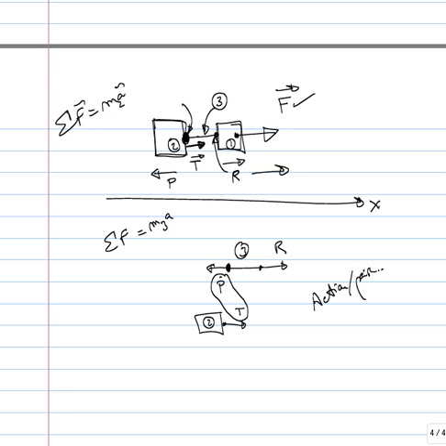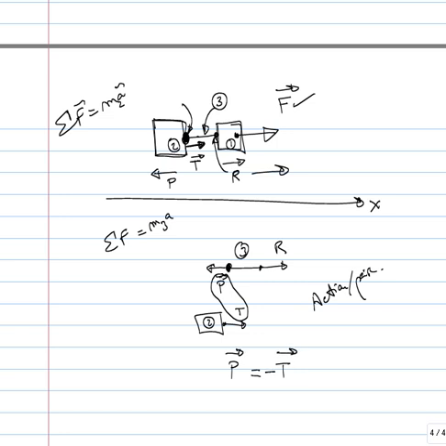In other words, the force P, which is the force due to object 2 on object 3, is exactly the same in magnitude as the force T, which is the force due to 3 on 2. The only difference between those two forces is their direction. So their magnitude is the same, but their direction is opposite.